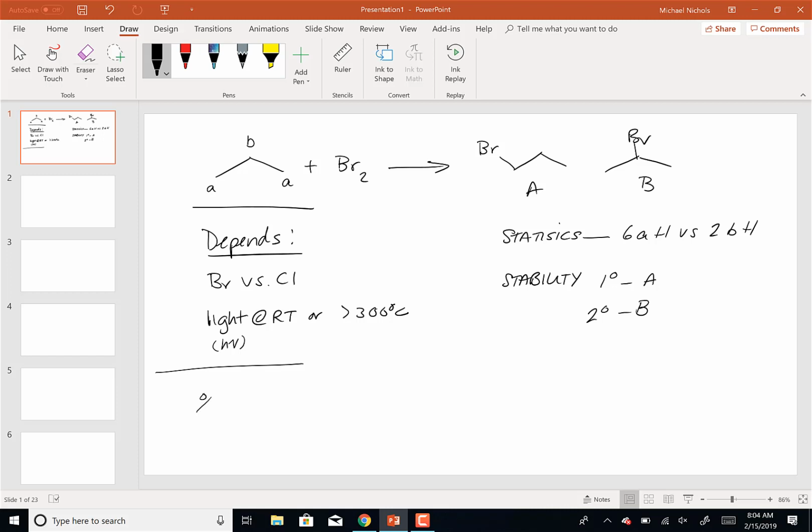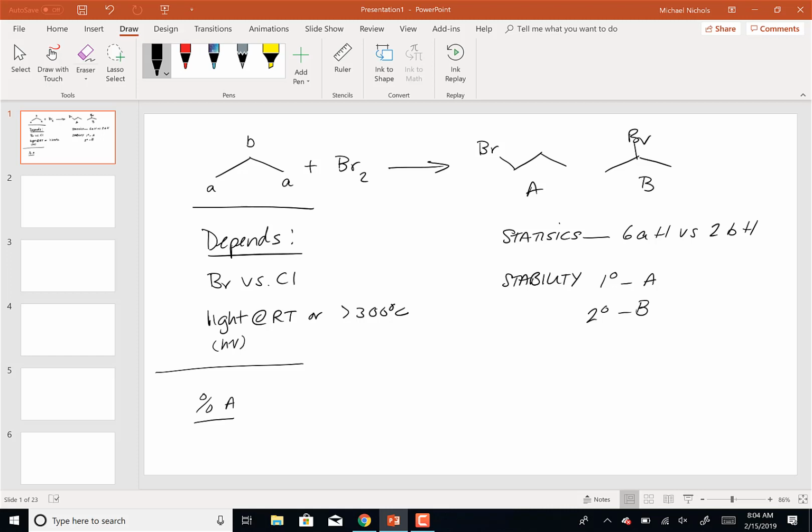And so I have the percentage of product A. I need to normalize that.